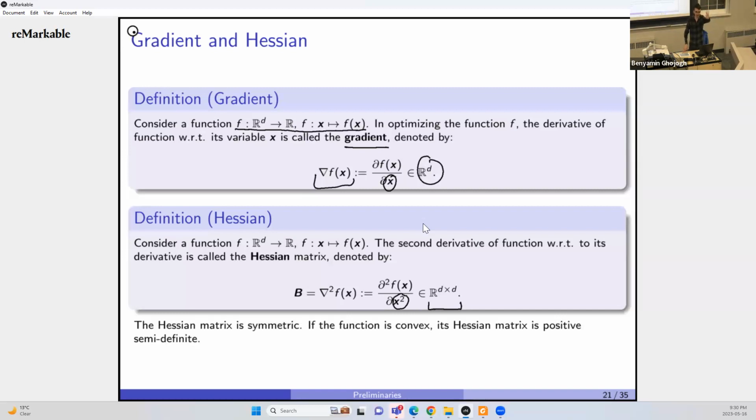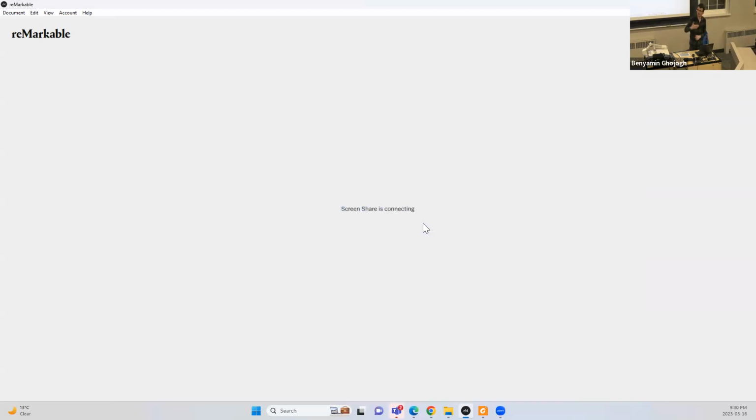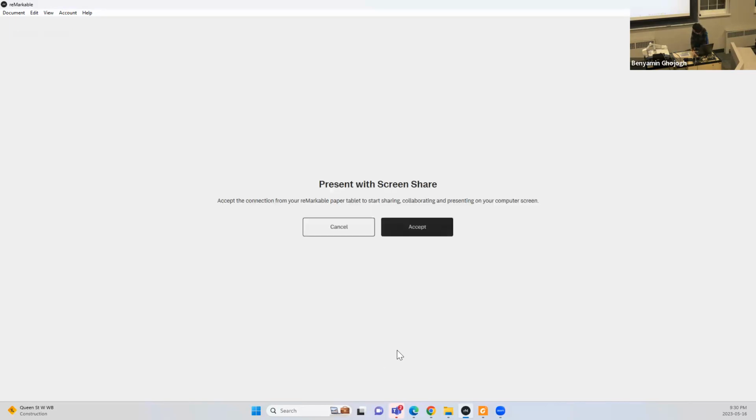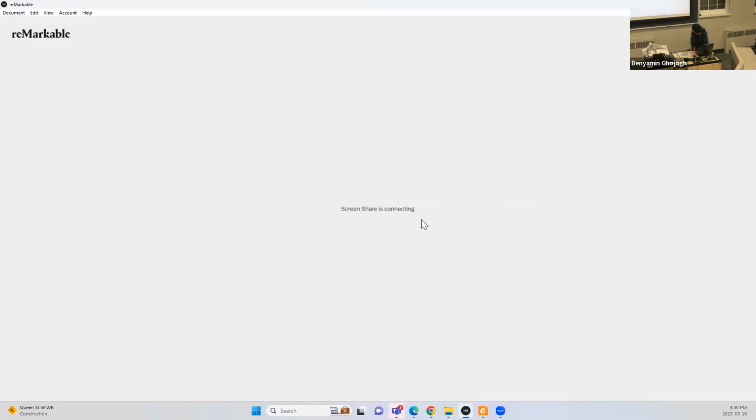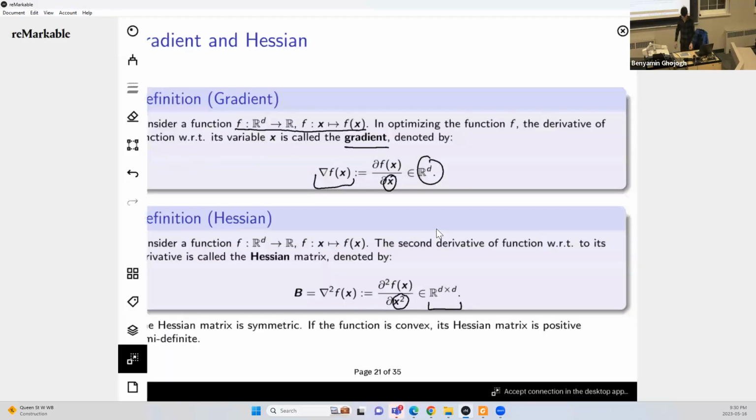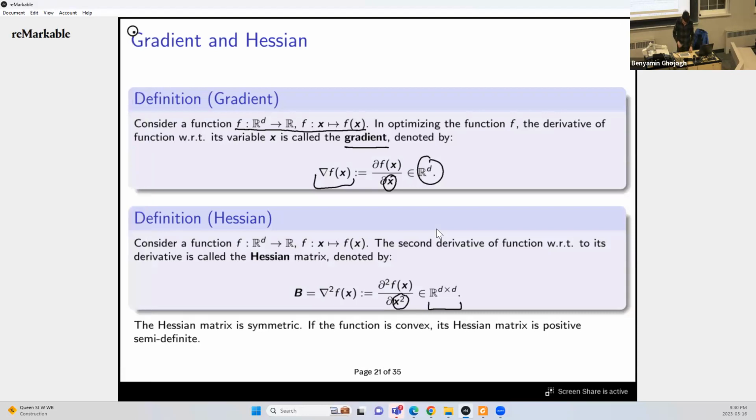The derivative of this first derivative with respect to x again, meaning the derivative of a vector with respect to another vector, becomes a matrix. So now we understood the Hessian.